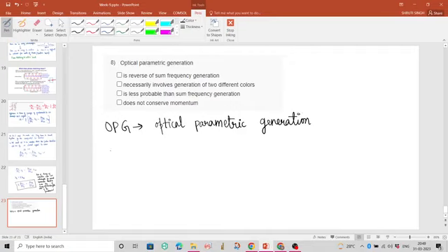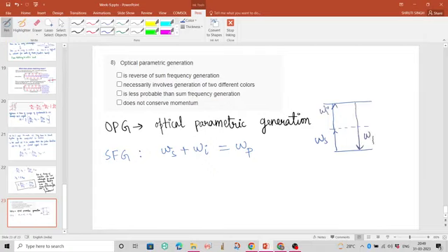What we used to do in the sum frequency generation, we were using two photons, one signal and one idler, and it used to give the pump photon, right? So this is signal, this is idler, and this used to give the pump photon.